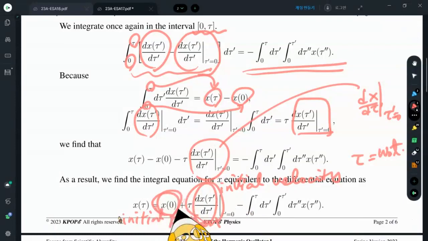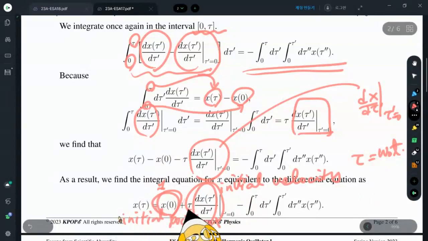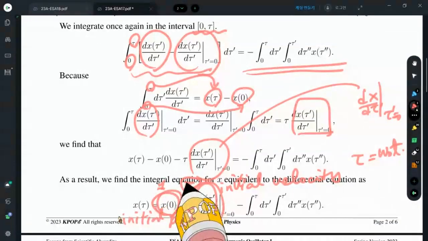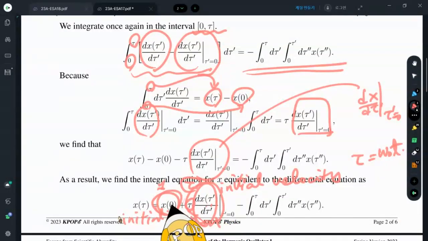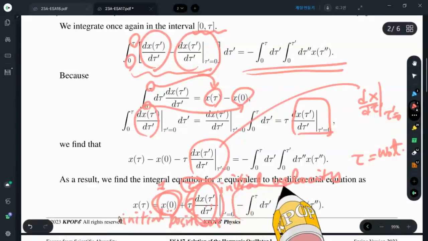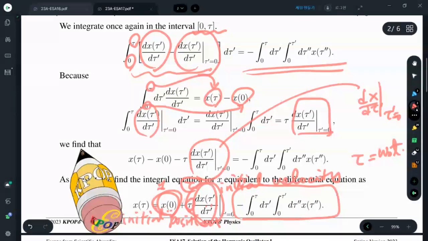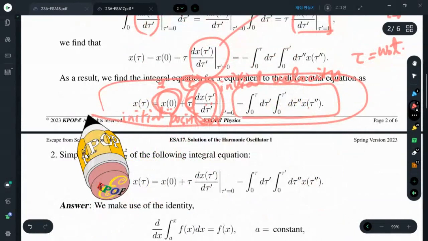And corresponding to those parameters, we have a function, the identity function, and we have tau, a linear function. Two linearly independent functions are multiplied by these two parameters. They are called the integration constants. And then your final result depends on this.